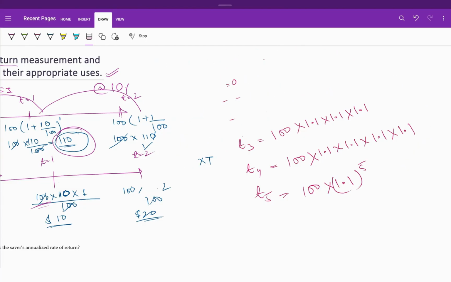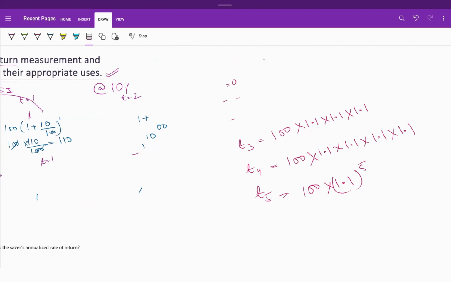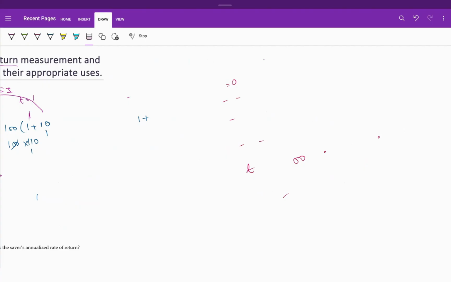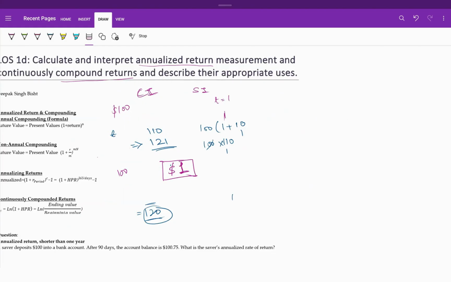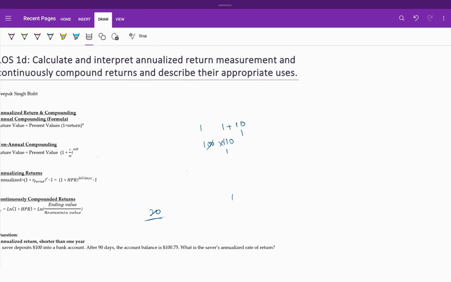Now you understood the concept of compound interest: you get interest on interest. Understand one thing, that in compound interest, the interest is reinvested. So at time 0, time 1, time 2, my 100 is worth 110 and then worth 121.